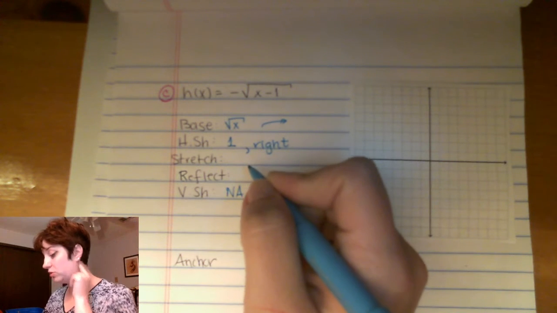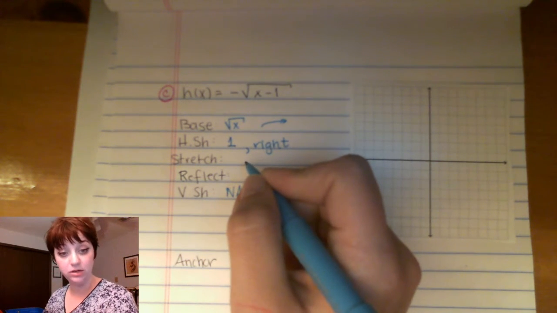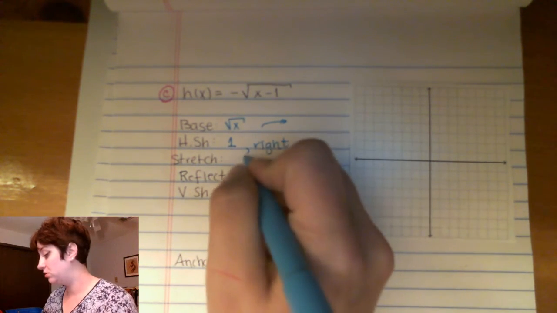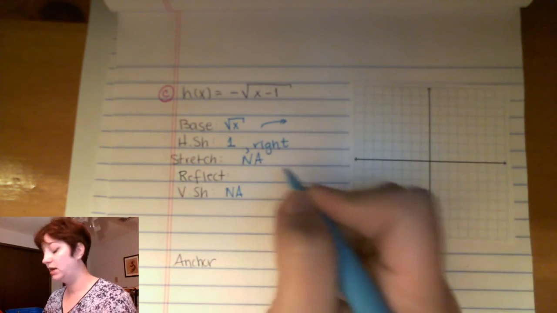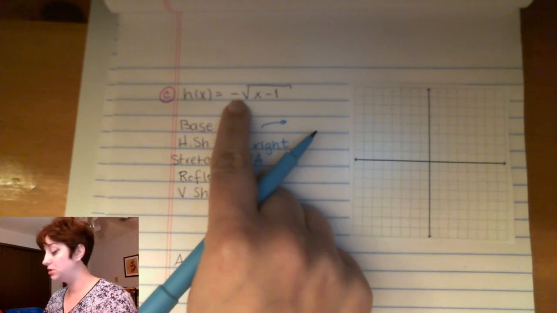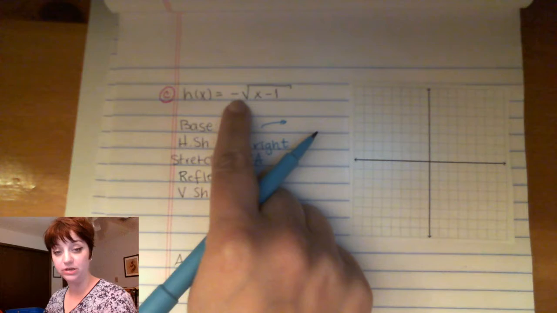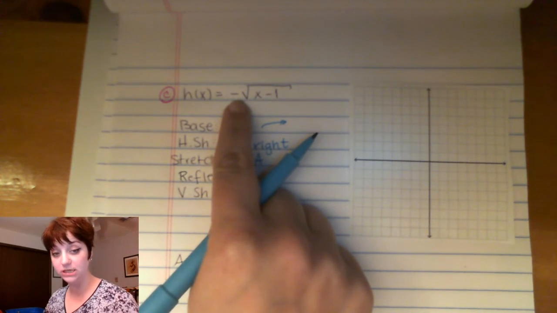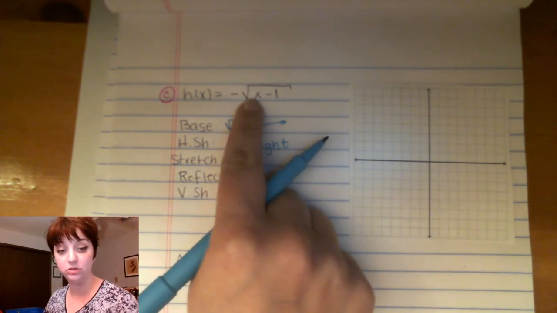Stretches, I'm looking for multiplications by non-negatives. I don't have that here, so no stretches. And reflections, I'm looking for negatives. So I actually do have this negative out here in front. So is that inside or outside of my square root? It's outside because it's not underneath of the square root.